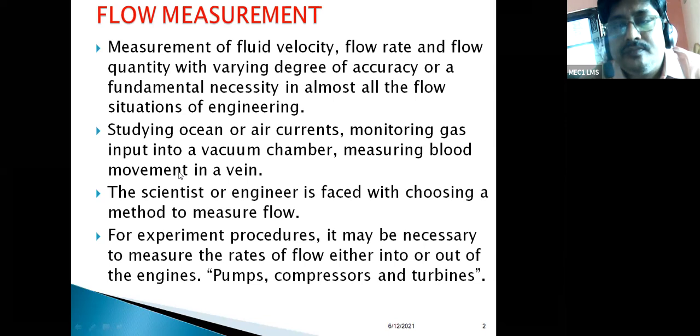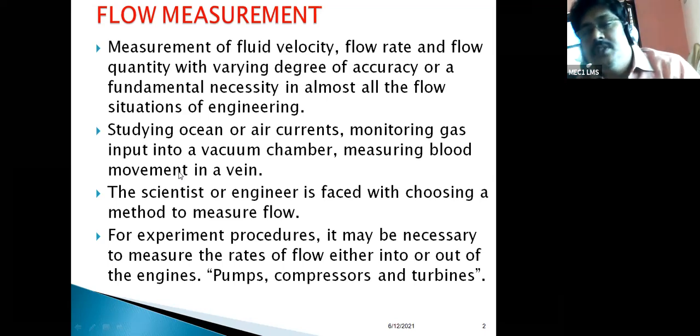Can you tell any discharge measurement devices? What have you seen in college, maybe in the lab? Venturimeter, right?